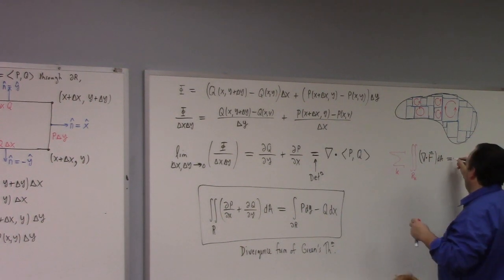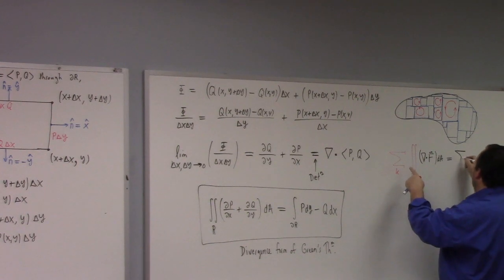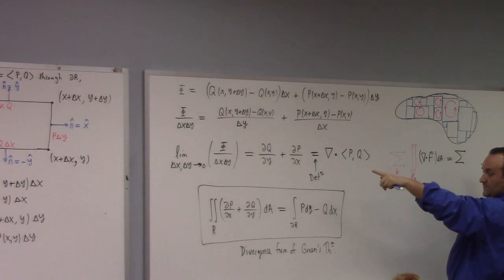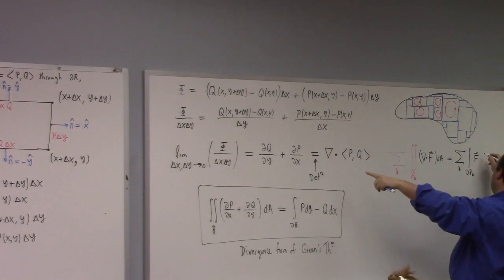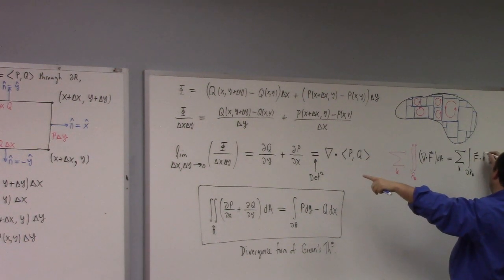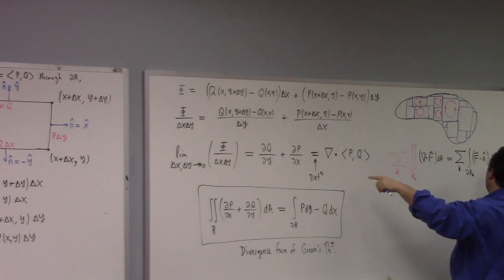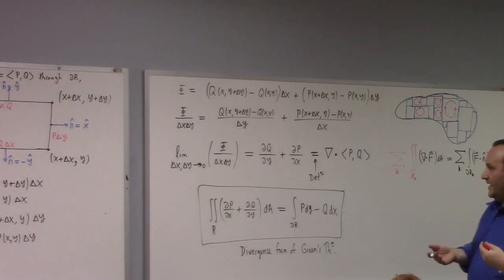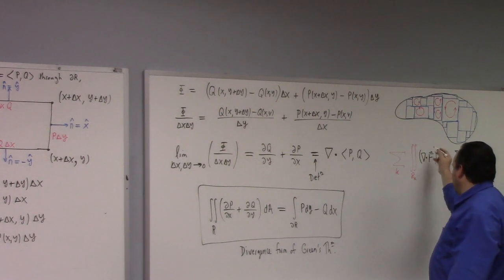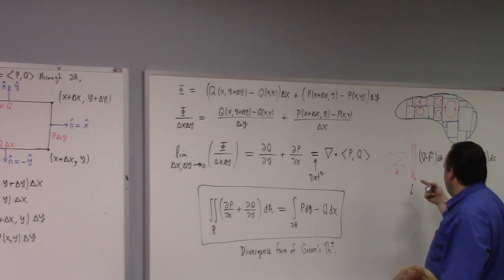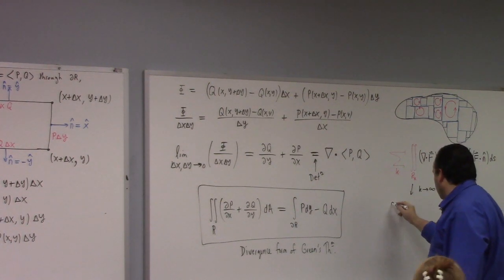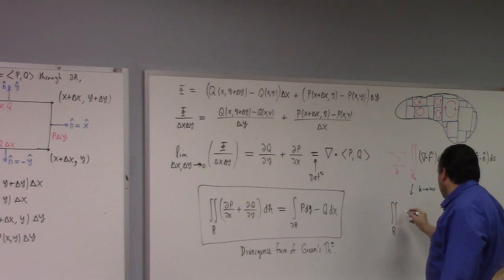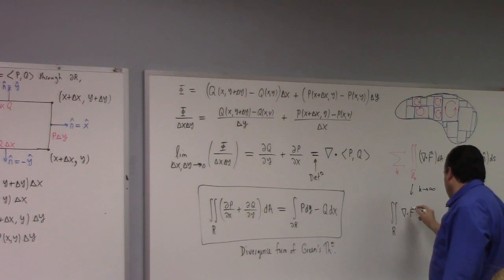By applying Green's theorem for the rectangle to each one, we have the sum over k of the integral over the boundary of the kth rectangle of F dot n hat ds. Not F dot dr, my bad. In the limit as k goes to infinity, we just have the integral over the region of the divergence of the vector field, right?